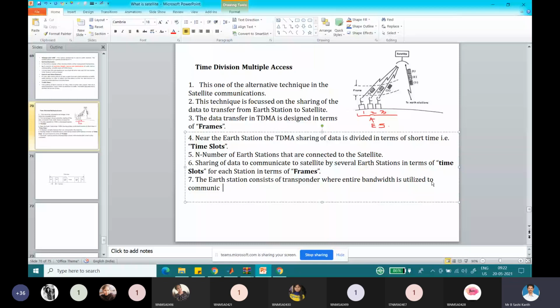What is the intention here? The Earth station consists of a transponder. For each Earth station, I am showing here Earth station 1, 2, 3, and Earth station 1 will have one transponder.